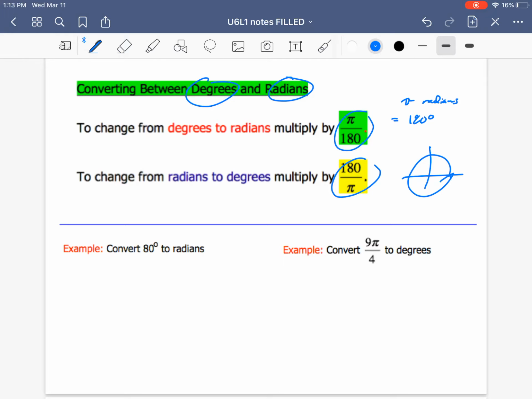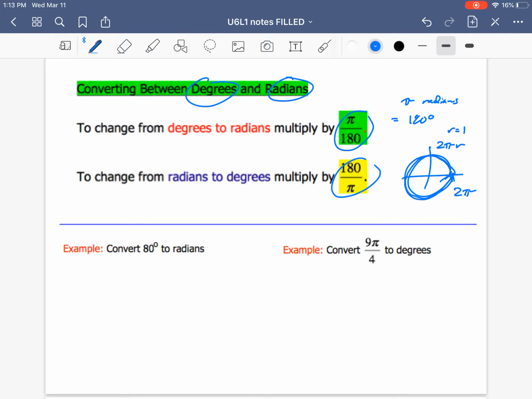Well, if I have a circle, right, the total circumference of the circle is 2 pi r, right? That's how long it takes me to travel around the whole circle, right? If my radius is 1, then this whole distance is 2 pi.